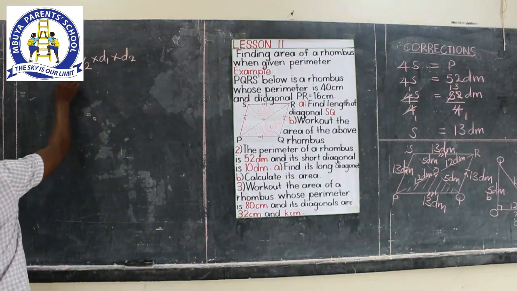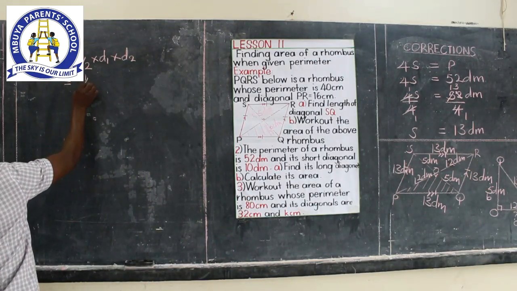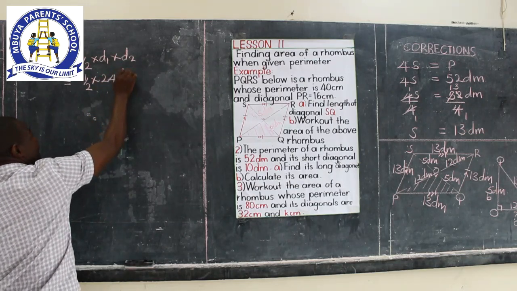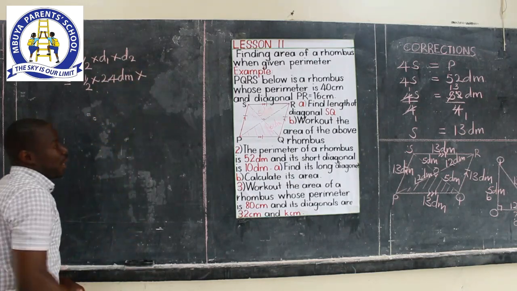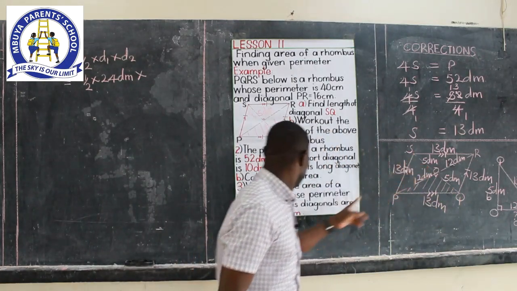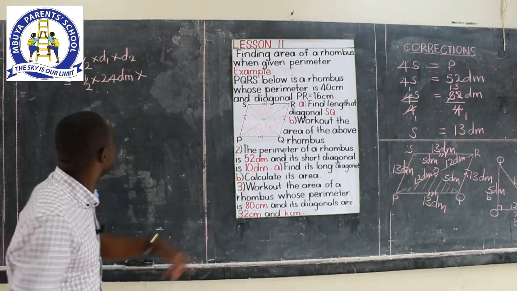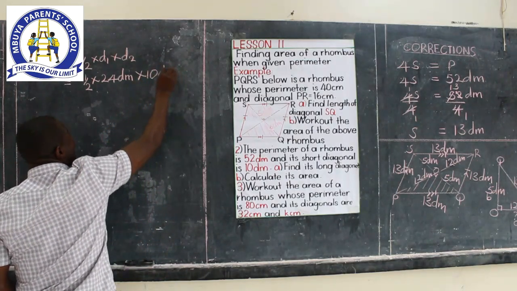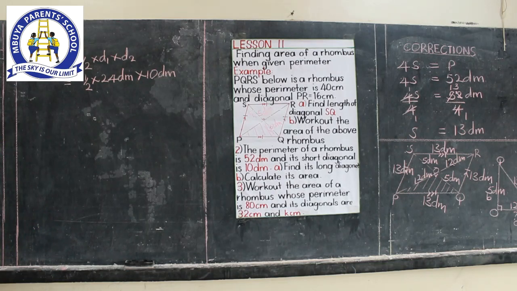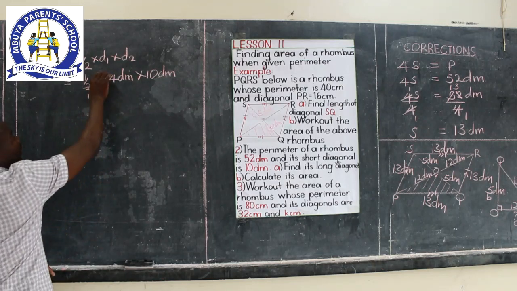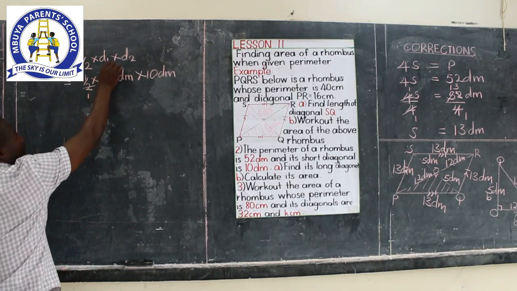So we shall have to substitute and say area is equal to a half times 24 decimeters times diagonal 2, which is 2s. Our 2s is given, even in the question, it's 10 decimeters. So we shall say times 10 decimeters. So let us now work out. We shall divide by cancelling. 2 divided by 2 is 1. 24 divided by 2 is 12.